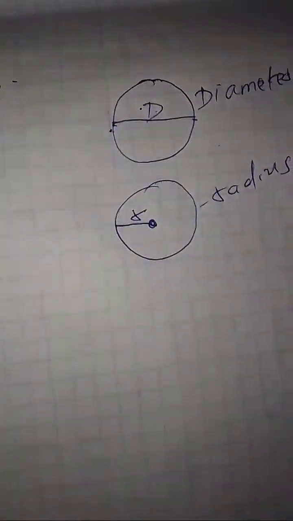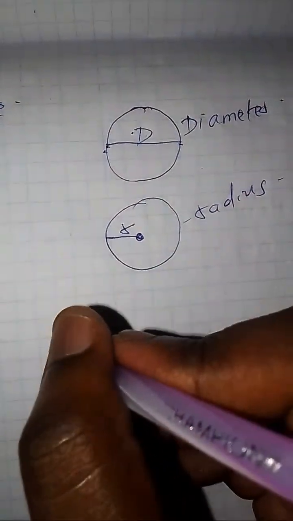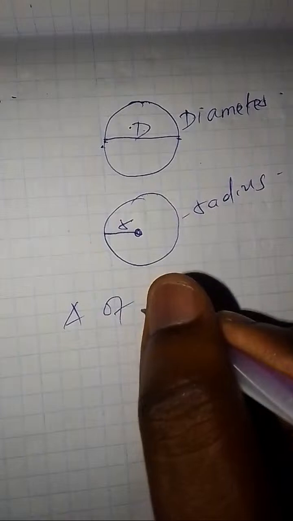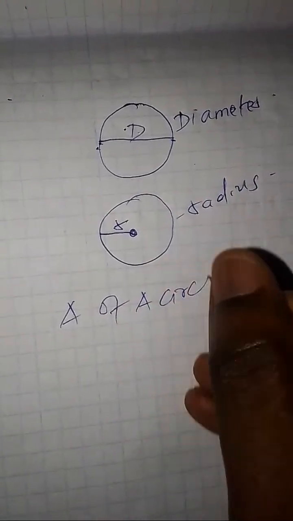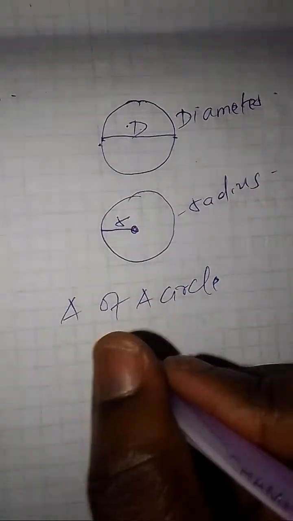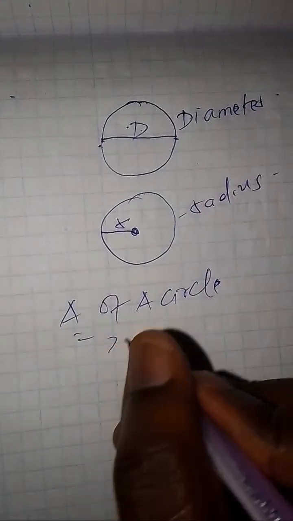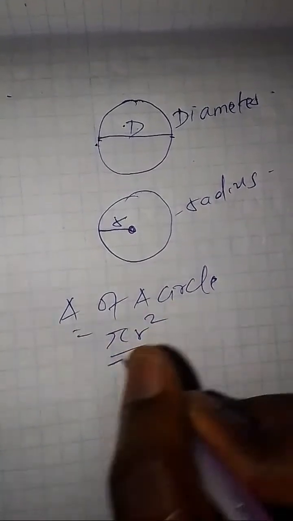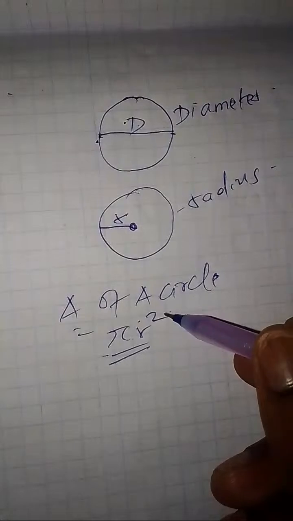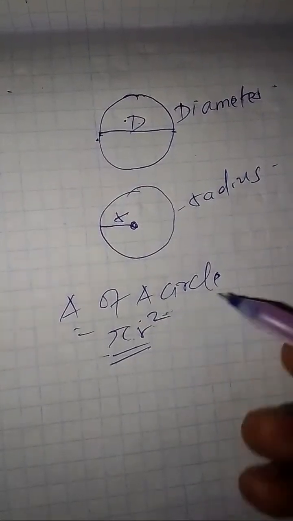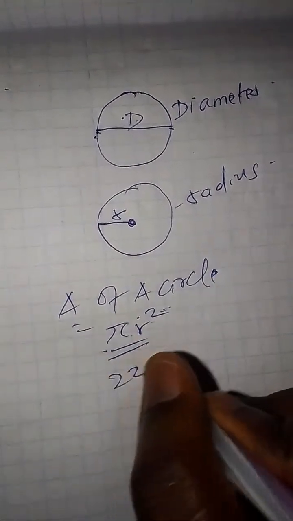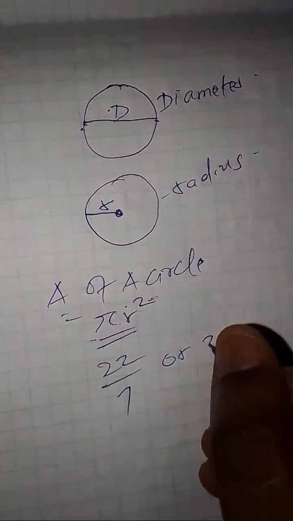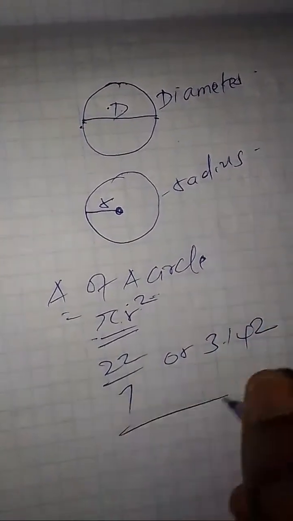So how do you find the area of a circle? The area of a circle is equal to pi r squared. R is the radius. Pi is 22 over 7 or 3.142.